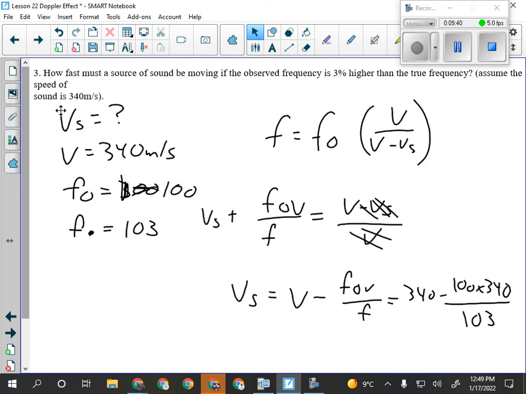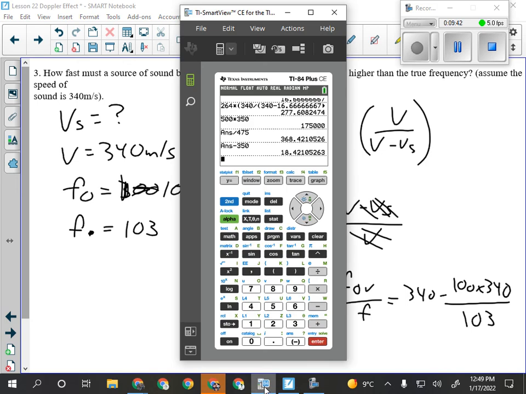Okay, so 340 minus, in brackets, 100 times 340 divided by 103. All right, so it must be moving at 9.9 meters per second. Okay? And it wouldn't matter which frequencies I chose or whether I chose approaching or retreating. A 3% change means 9.9 meters per second.